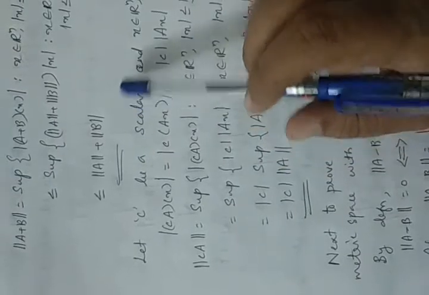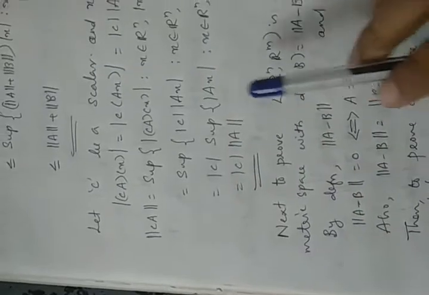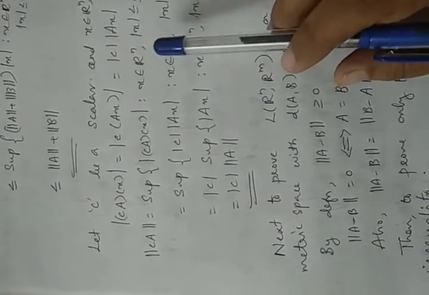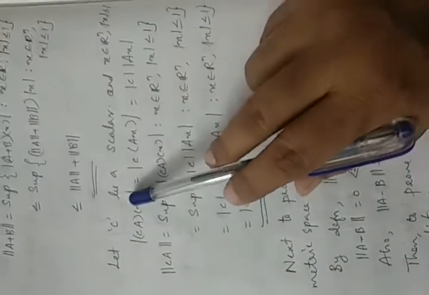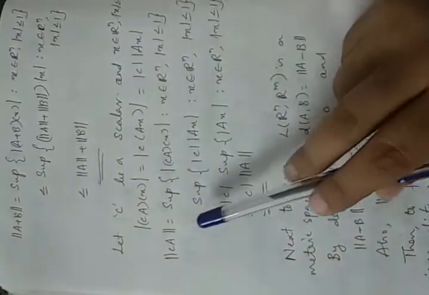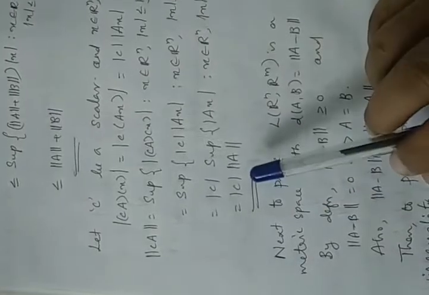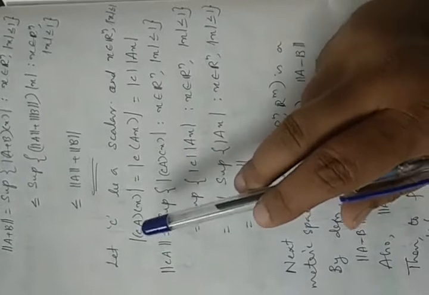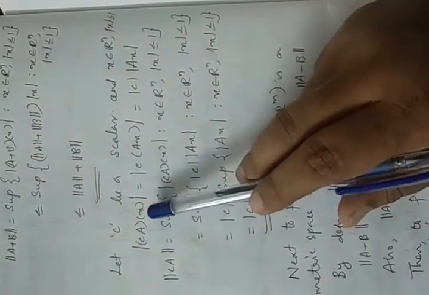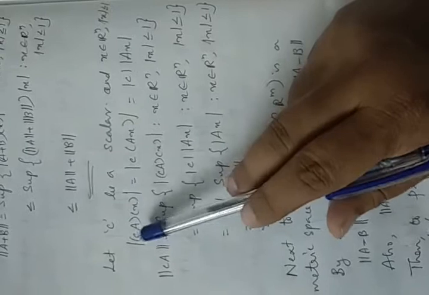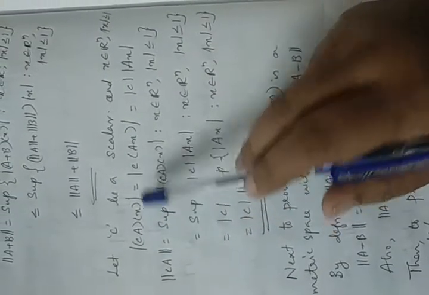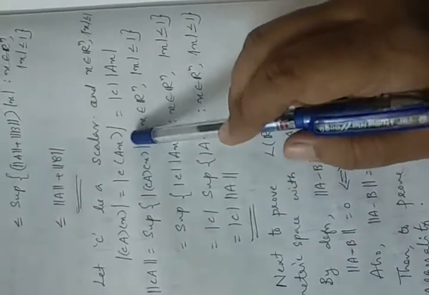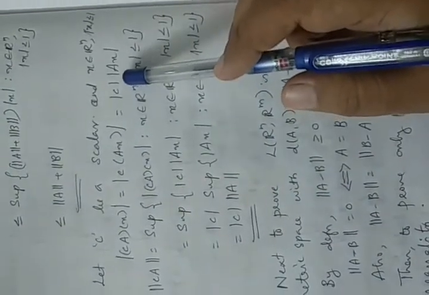Next, we have to prove that if A is a linear transformation from R^n to R^m and C is any scalar, then norm of CA is equal to mod C into norm of A. So, first we consider modulus of CA of x, and this operation is defined by C into A of x. So, modulus of C into A of x is equal to mod C into mod A of x.